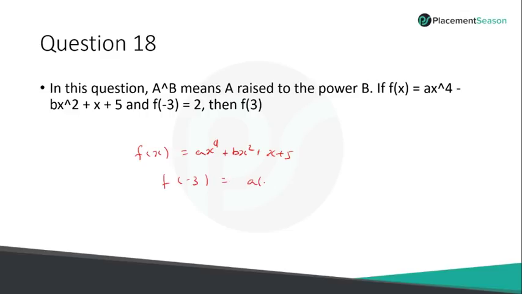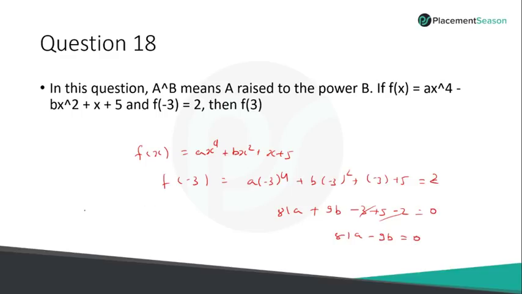So a times minus 3 to the power 4 plus b times minus 3 square plus minus 3 plus 5, that is equal to 2, which is given here. So 3 power 4 is 81a plus 9b minus 3 plus 5 minus 2 equal to 0. So both would be cancelled. So 81a plus 9b equal to 0.